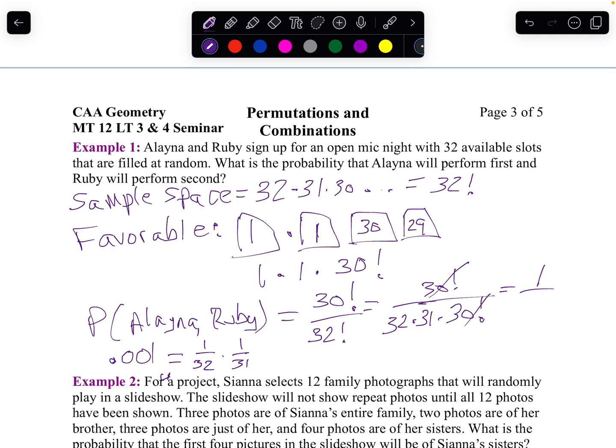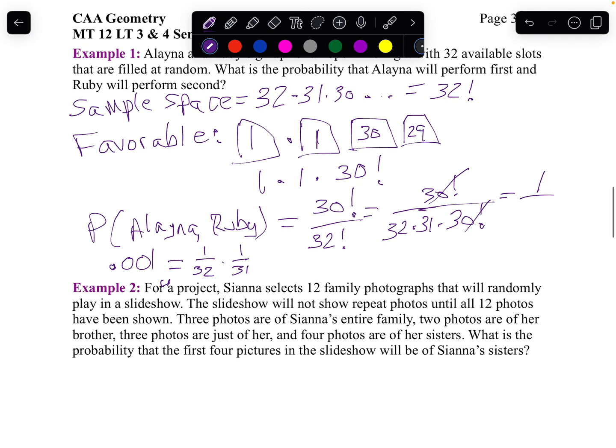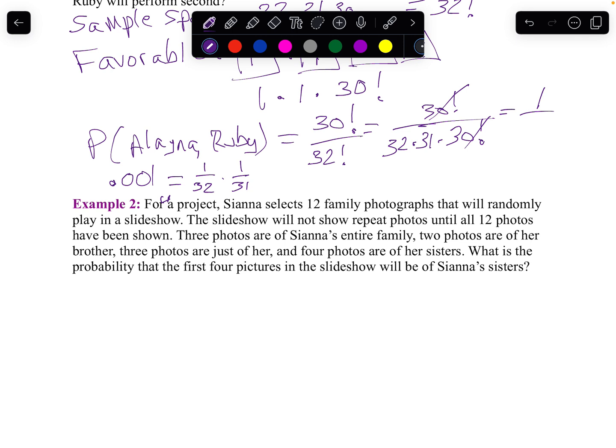Now let's take a look at one where we do want to use a permutation. So in example 2, we've got a project and Sienna is going to select 12 family photographs that are randomly going to be played in a slideshow.